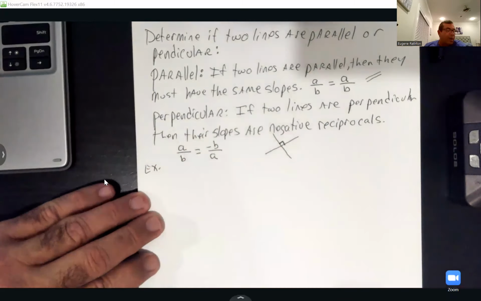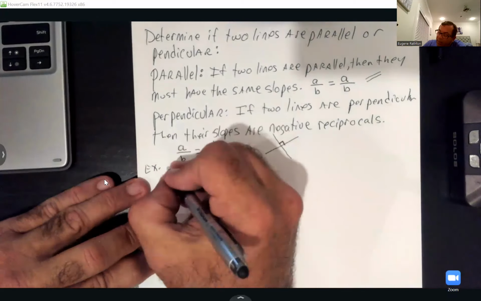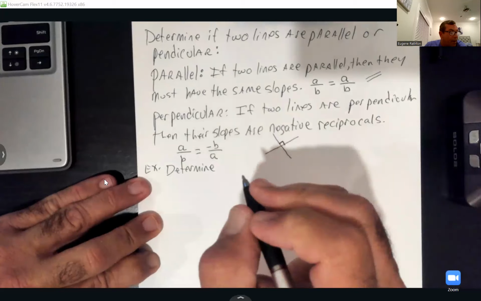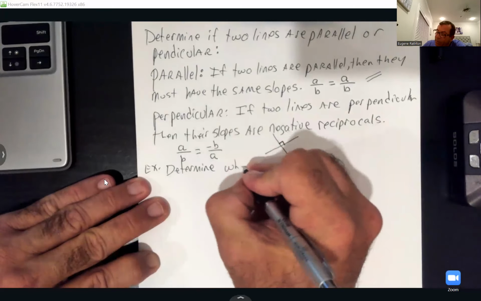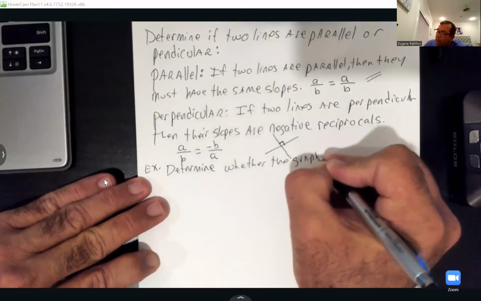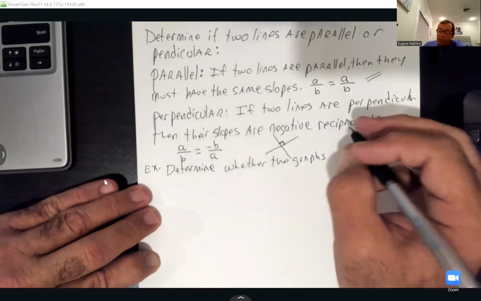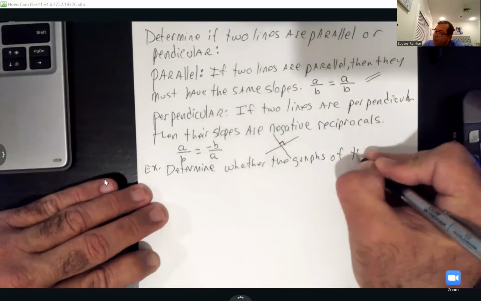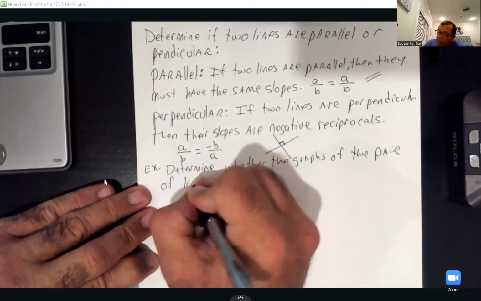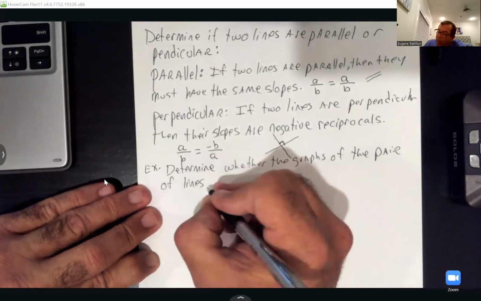So here's the first question they want to know. Determine whether the graphs of the pair of lines are parallel.